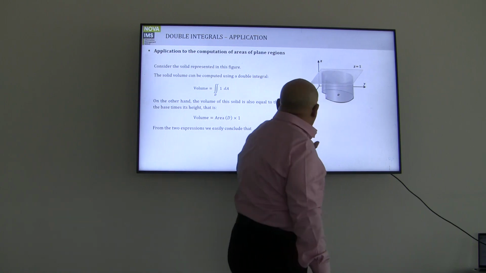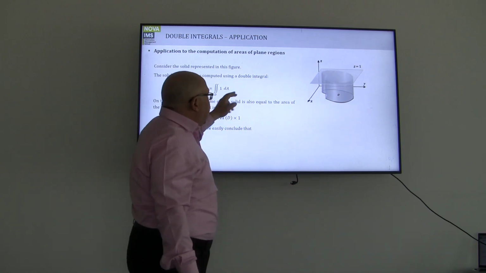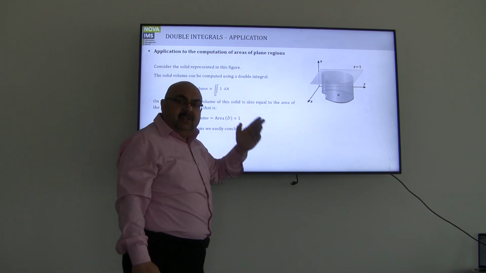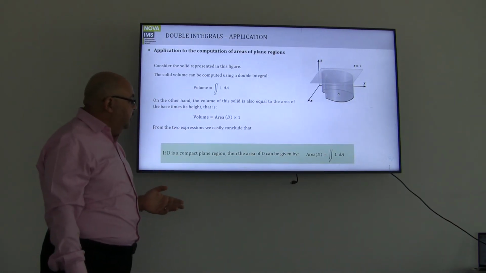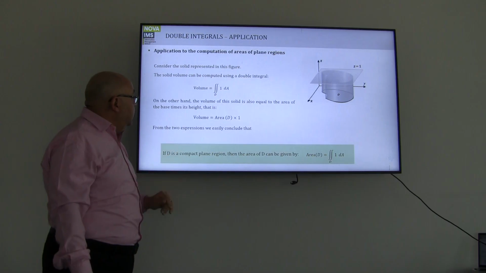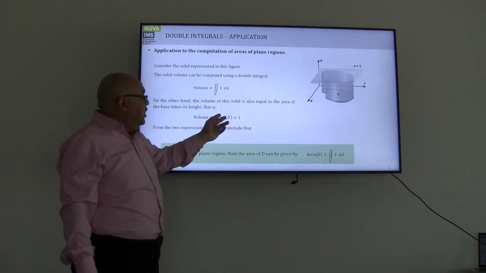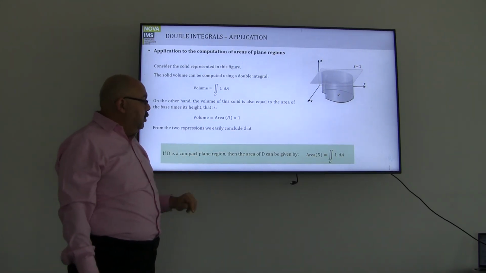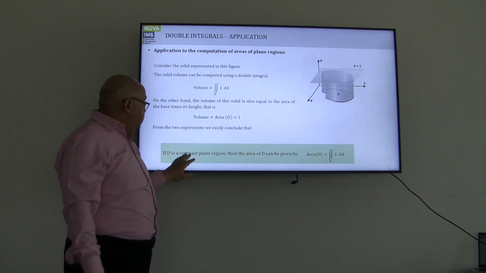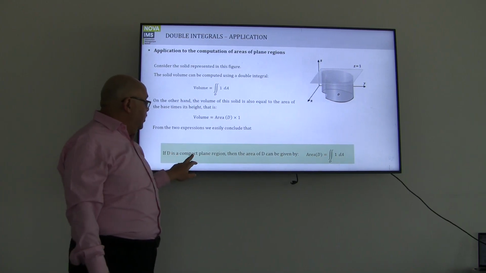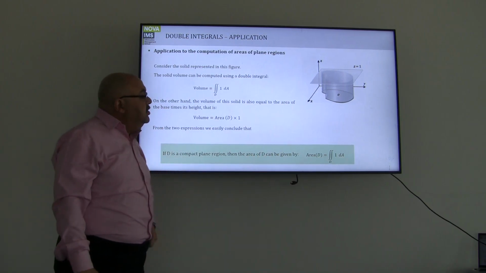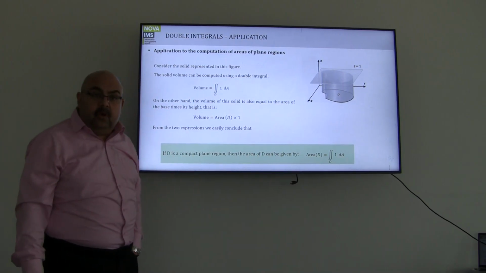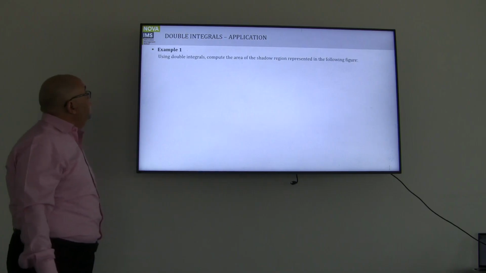This is why once you integrate 1 dA, the value that you will have is actually the volume of the solid of this shape that you are dealing with. So the area times 1 if we are dealing with 1. The area in general, if D is a compact plane region, then the area of D can be given by just integrating 1 dA as you can see.